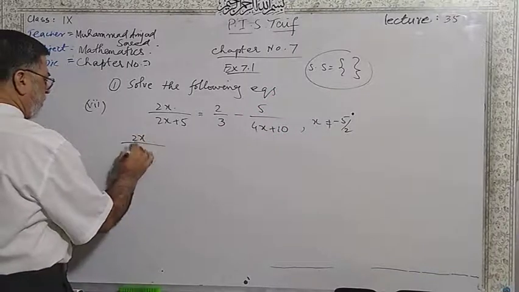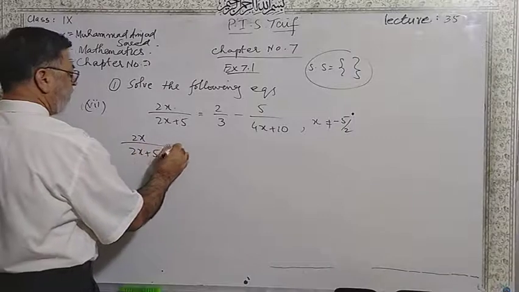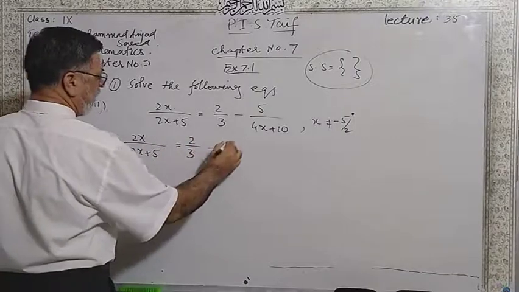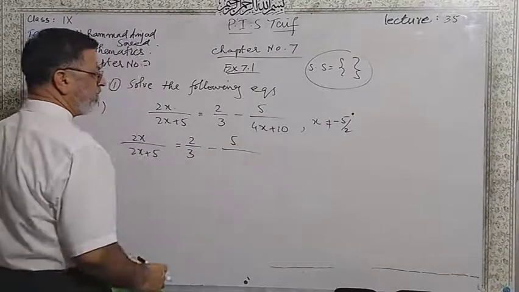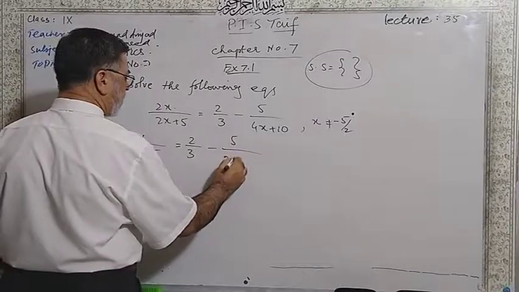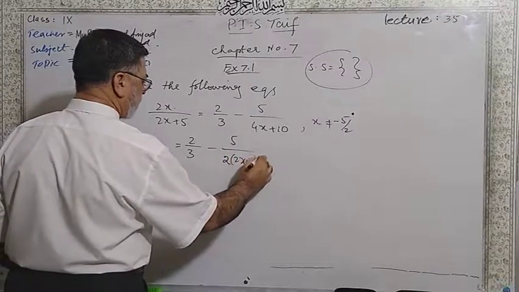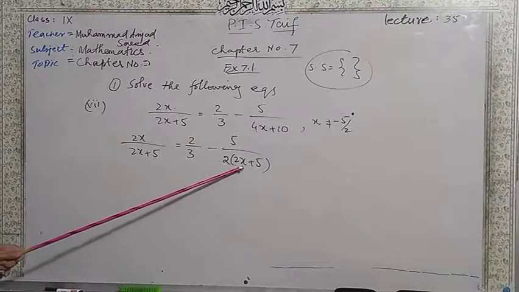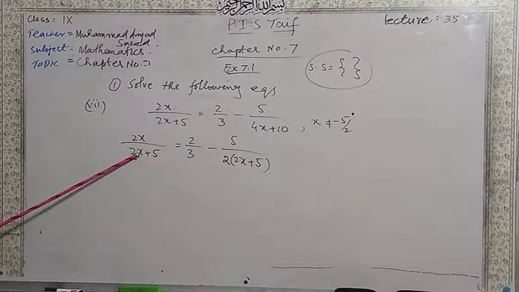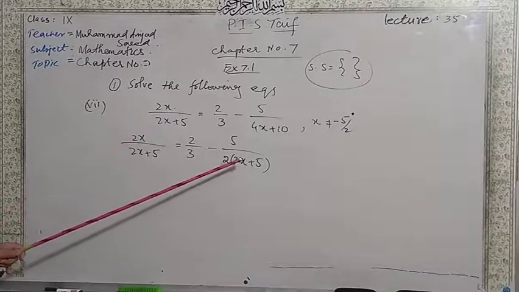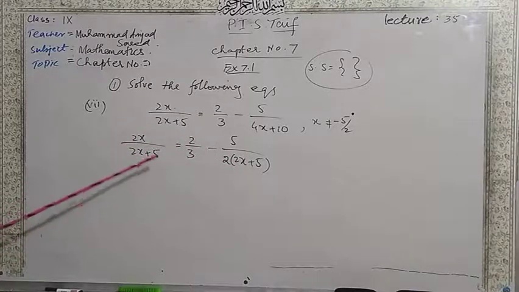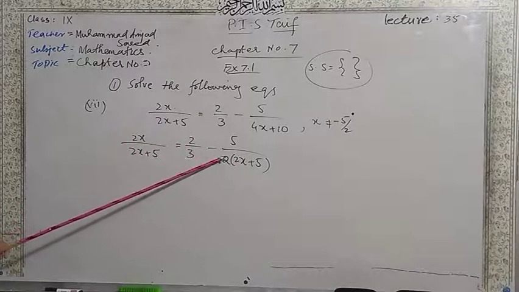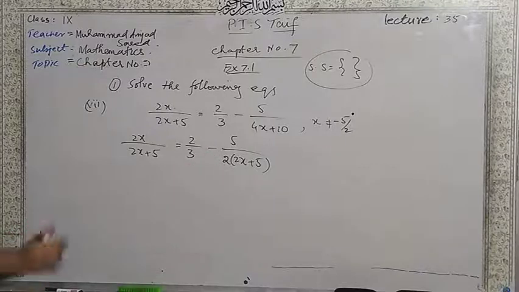2x over 2x plus 5, 2 by 3 minus 5, you can take 2 common from here, 2x plus 5. 2x plus 5 and 2x plus 5, they are same. So in LCM, you will take 2x plus 5 once. 3 and 2 are different, they are multiplied.